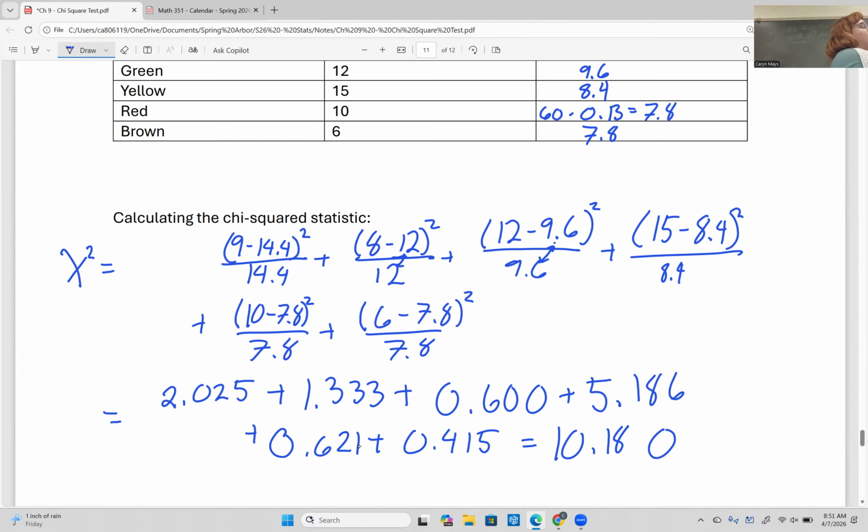Here, the degrees of freedom change because, remember, it was number of rows minus 1 times number of columns minus 1. In the goodness of fit, there's only one row.